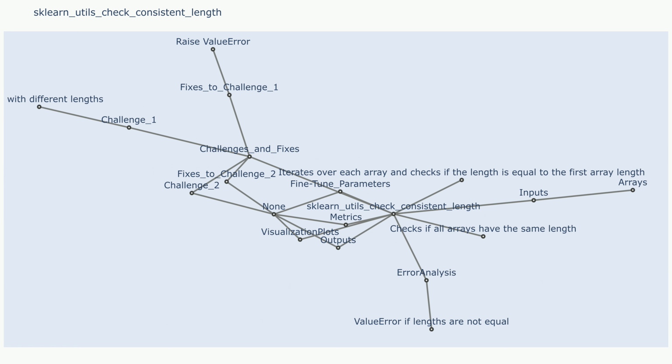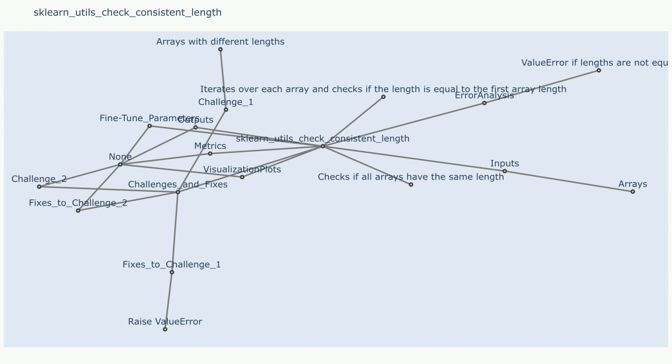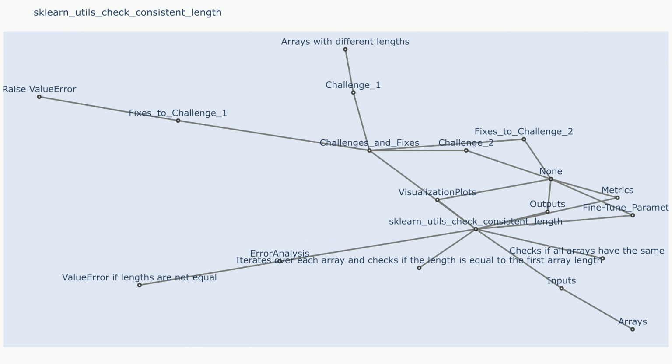For instance, fitting a linear regression model on features with 100 samples and a target variable with 90 samples will raise an error. Fixes: ensure that all input arrays have the same length before feeding them to the model or any sklearn function. Use data manipulation techniques like slicing, padding, or removing extra samples to align the lengths of all arrays.